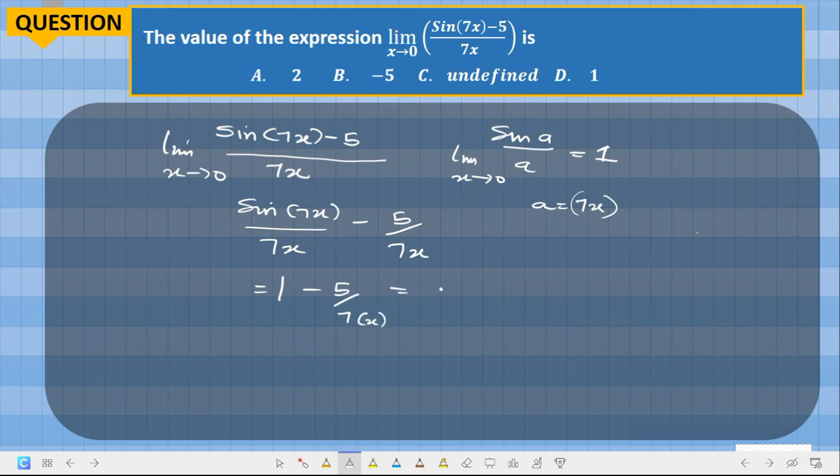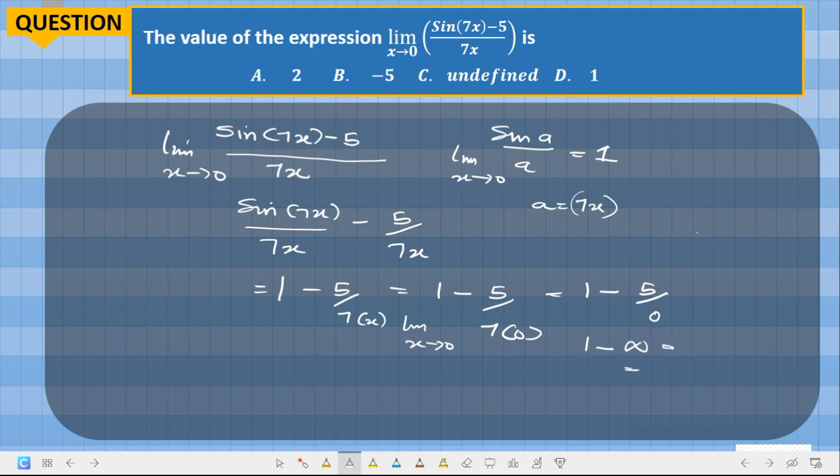Okay, and this will be 1 minus 5 all over 7 bracket. What is our x? Our s is 0 as the limit of s tends to 0. S is 0, and this will be 1 minus 5 minus 7 times 0 is 0, and then we have 1 minus this, which is 1 minus infinity. 1 minus infinity is what?